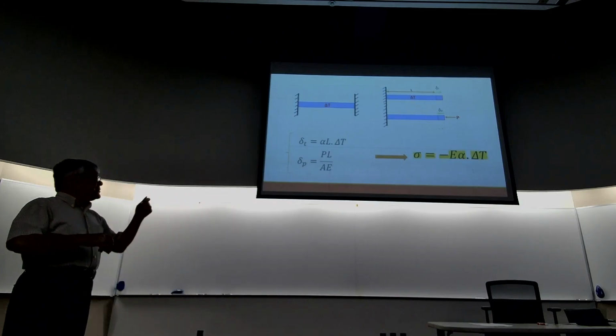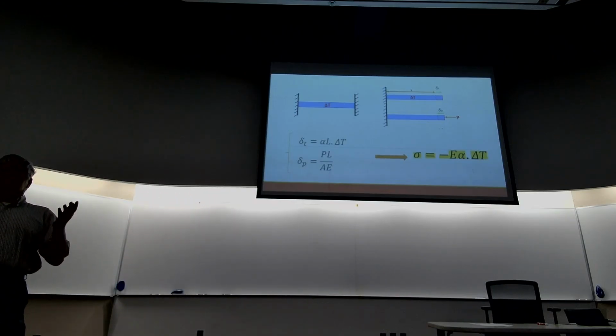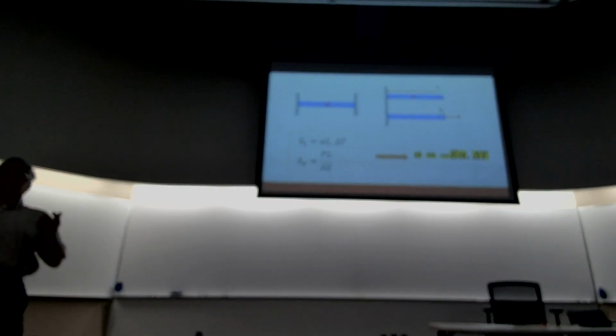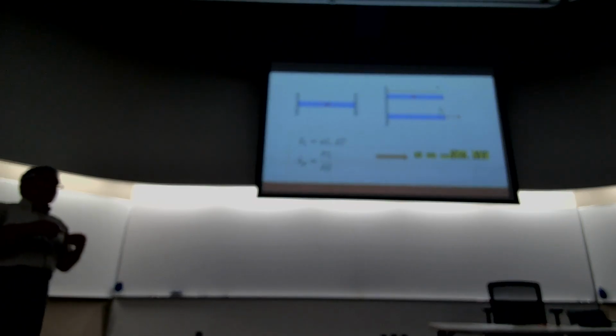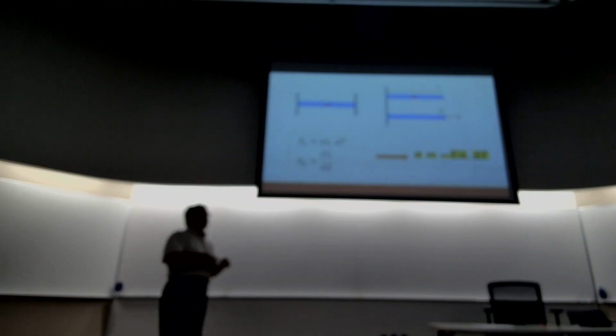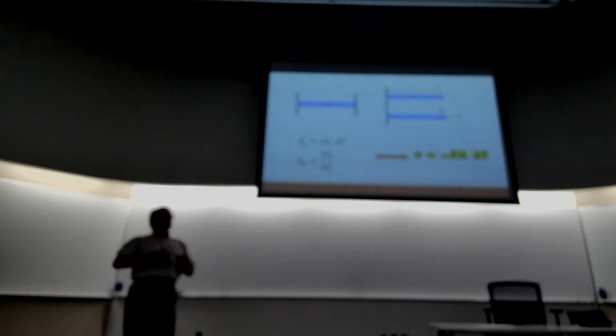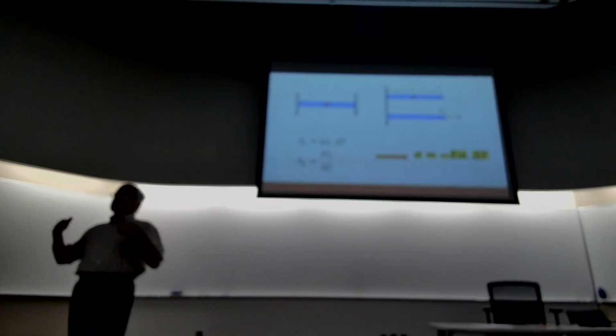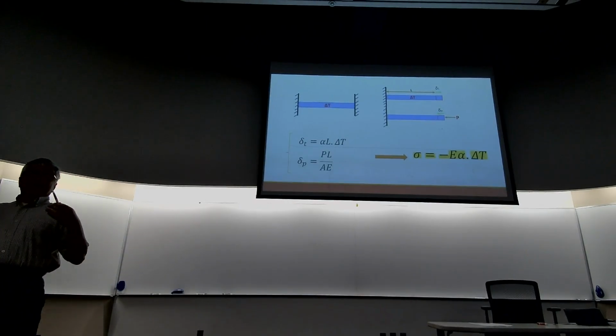And in the first equation, if you double the temperature change, that also doubles the elongation. So these are linear equations, meaning we can use the method of superposition. Look at the effect of temperature change and the force from the wall separately, and add the solutions.